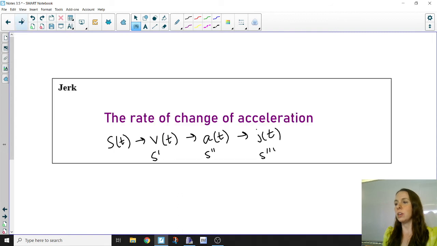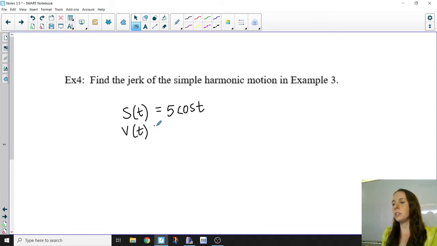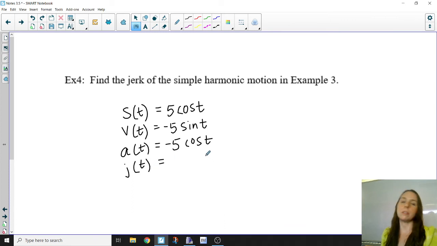We started with a position of 5 cosine t, a position function. We took a first derivative and we got velocity to be -5 sine t. We took a second derivative and we got acceleration to be -5 cosine t. Now think about this. What would be the next derivative that we're going to call jerk?